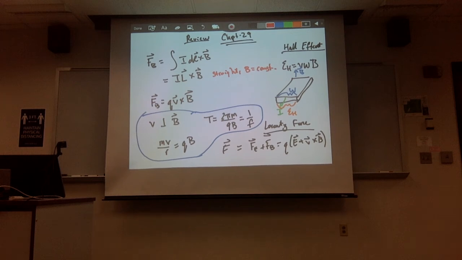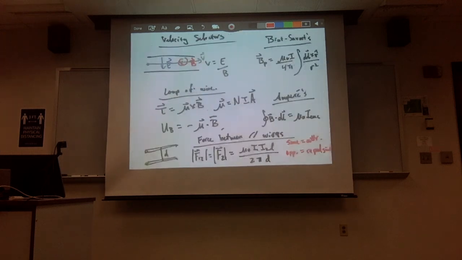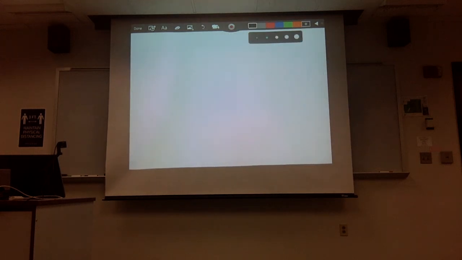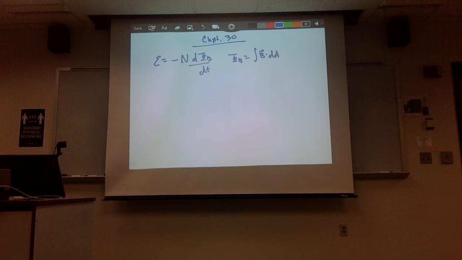So from here, we then moved on to chapter 30. So let's talk about chapter 30. Chapter 30 was our big Faraday's law. In this case, what we found was that Faraday's law says that the induced EMF is equal to negative the number of turns times the time rate of change of the magnetic flux, where the magnetic flux is equal to the integral of the magnetic field dotted by the differential area.